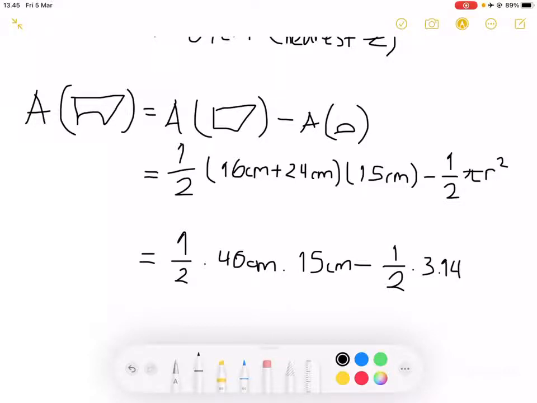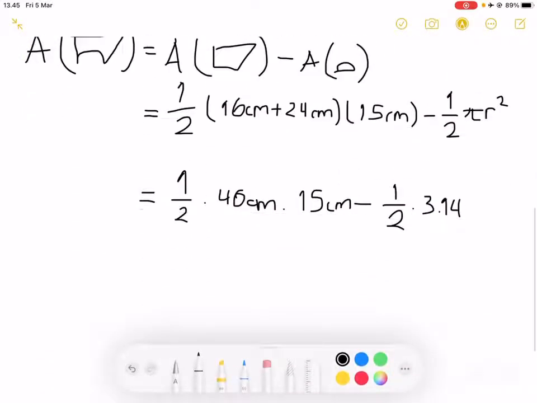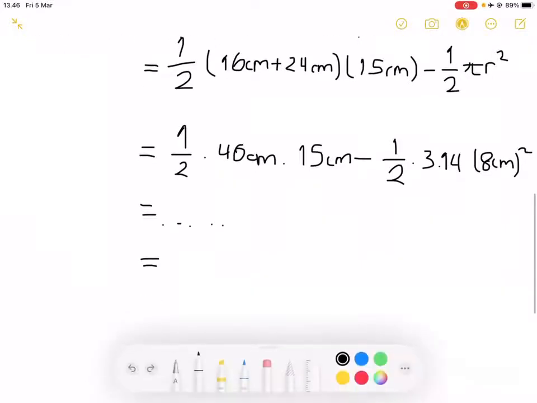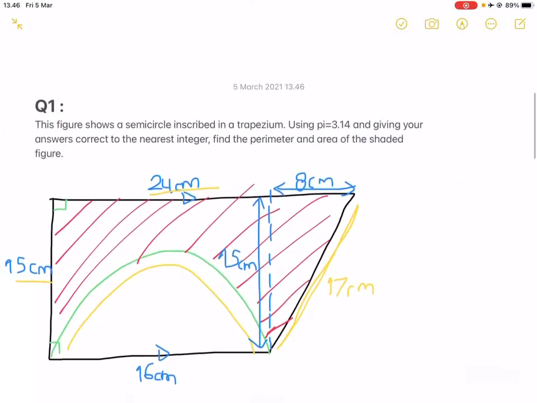And then the radius is half of the diameter in this case, which is 8 centimeters. I'll let you guys continue this step, and what you end up with is 199.52 centimeters squared, which after we round to the nearest integer will be 200 centimeters squared. So those are the answers for question number 1.